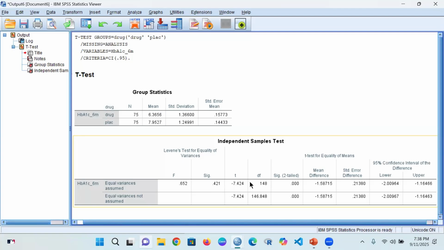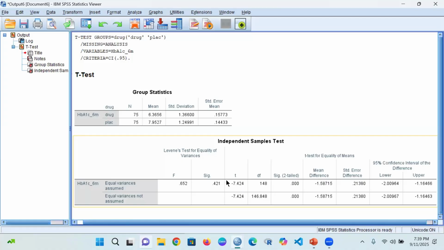So next, what do we have to say about this one? The equal variances assumed row of the t-test output is what we use. Then the t-test for equality of means shows that the t statistic, with 148 degrees of freedom, is equal to -7.42, which shows that the p-value is less than 0.01.